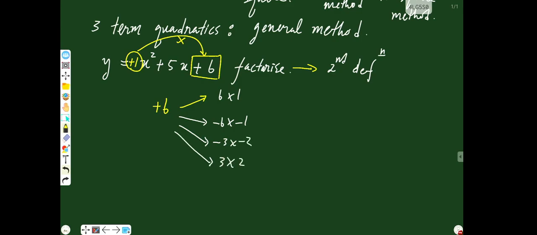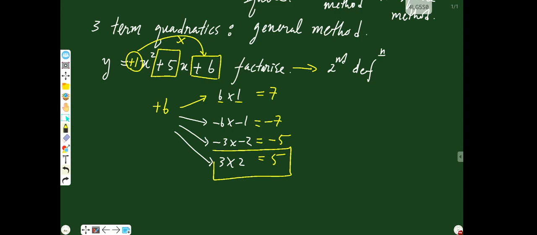Now we add each pair: 7, minus 7, minus 5, and 5. Then you match the middle term with the number you get here. So 5 and 5 you are going to match.